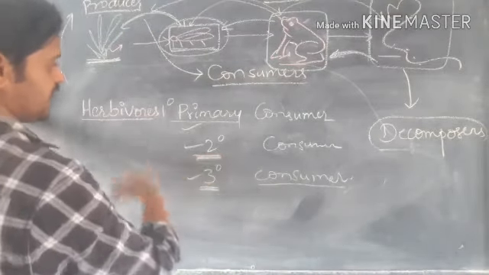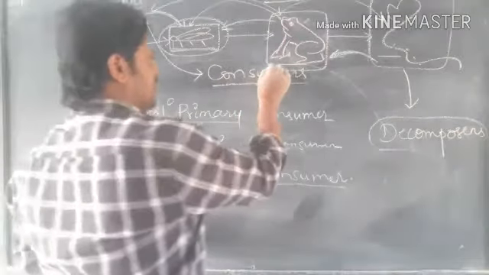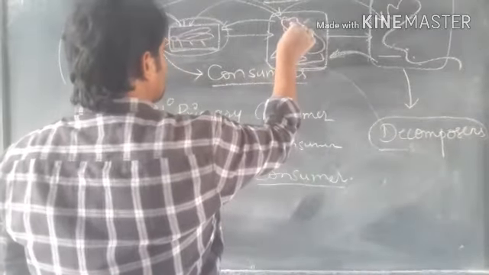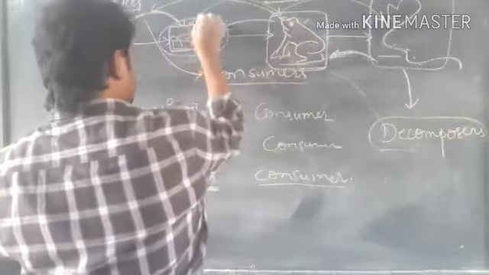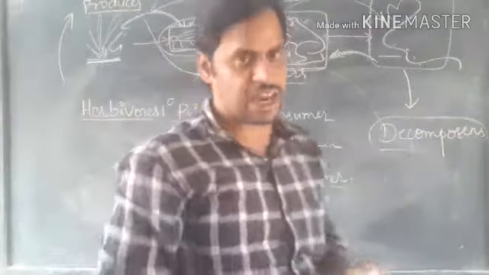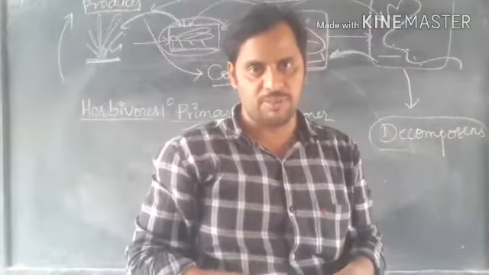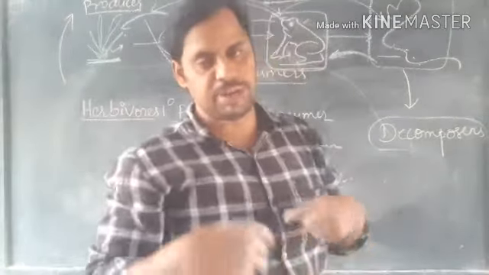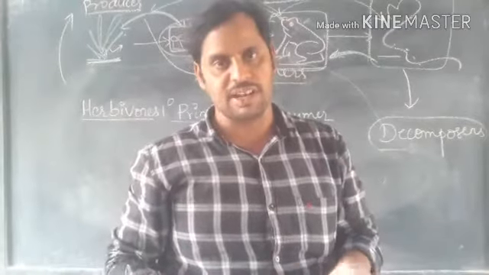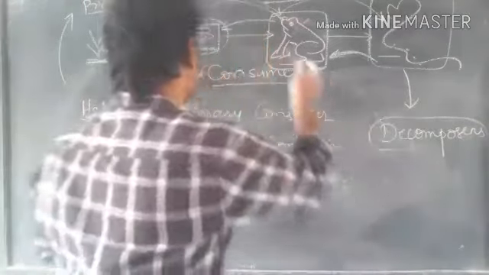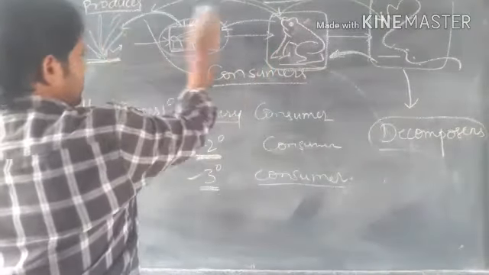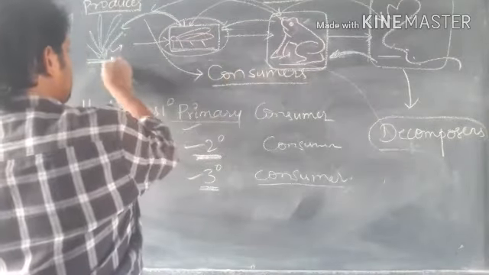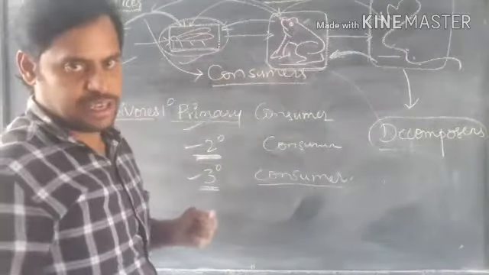Whereas secondary consumers like the frog depend upon plant and animal. When the frog is in the tadpole form, a small baby frog, it eats the plant. When it becomes an adult, it comes out of the water and eats insects. Means it eats plant in the initial stage, later it eats animals.